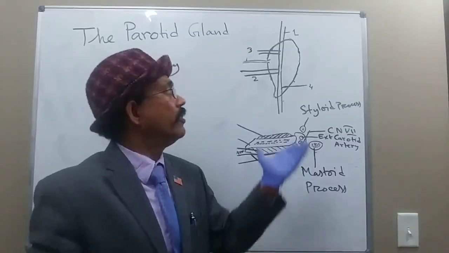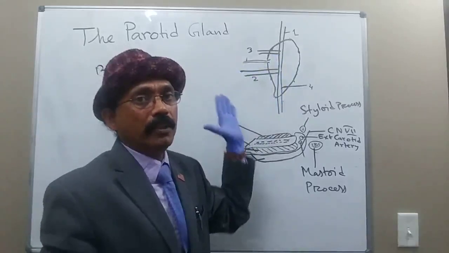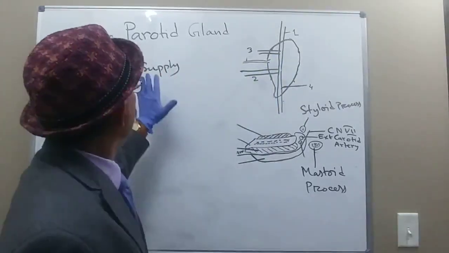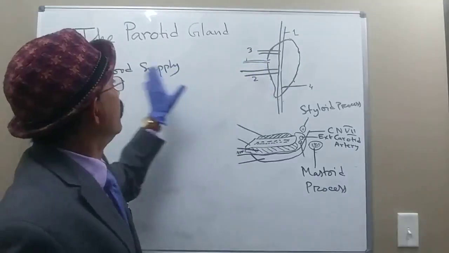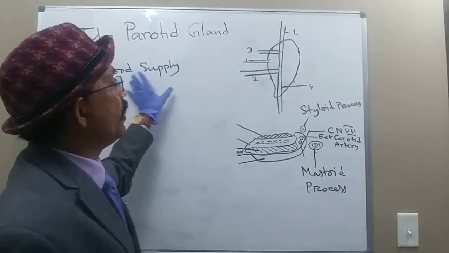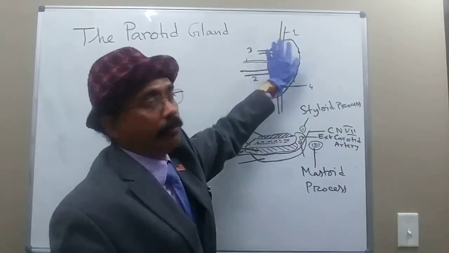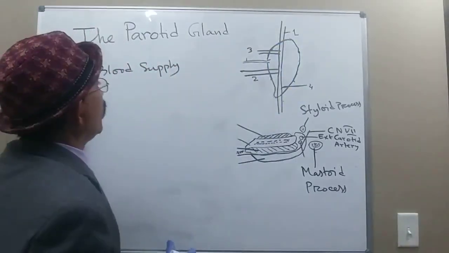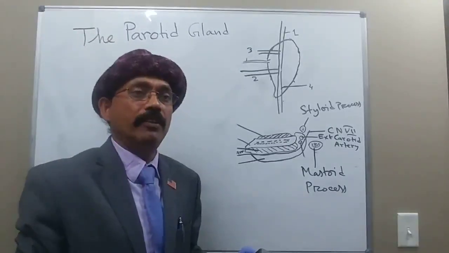Venous drainage is by the retromandibular vein and its divisions, that will manage the venous drainage of the parotid gland. So artery and the vein which are present inside the parotid gland will serve that purpose. Blood supply by the external carotid artery, venous drainage by the retromandibular vein.